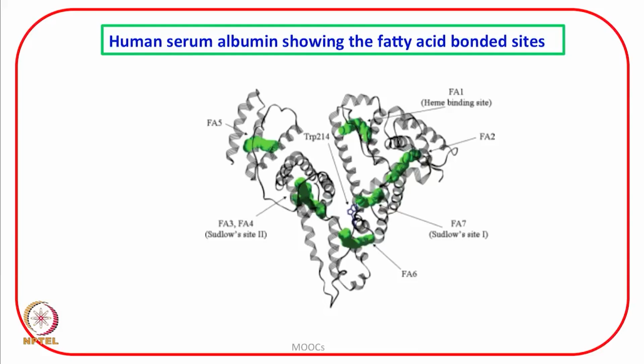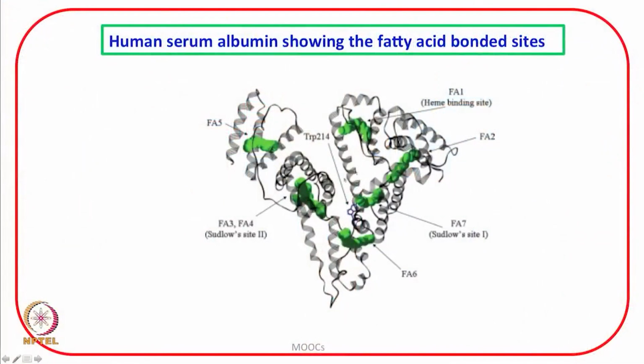Fatty acids can find a variety of sites on human serum albumin or bovine serum albumin and show a significant amount of binding. And these binding sites are seen in this picture, FA1, FA2, and all other possible fatty acid binding sites are shown over here.